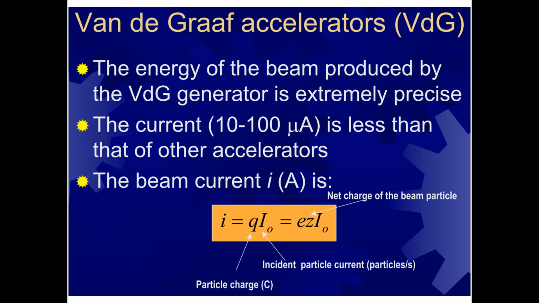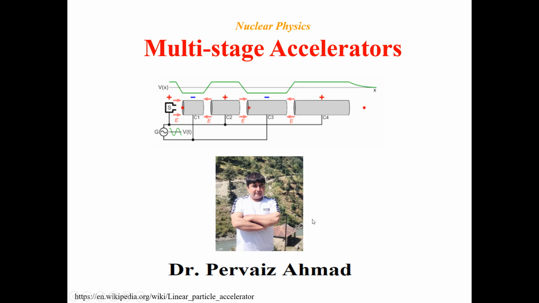The beam current I is equal to Q times I_nr, which is equal to eZ I_nr. Here Q is the particle charge, I_nr is the incident particle current, and Z is the net charge of the beam particle.